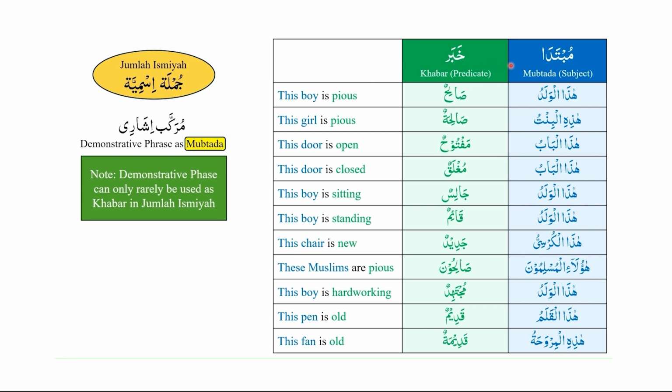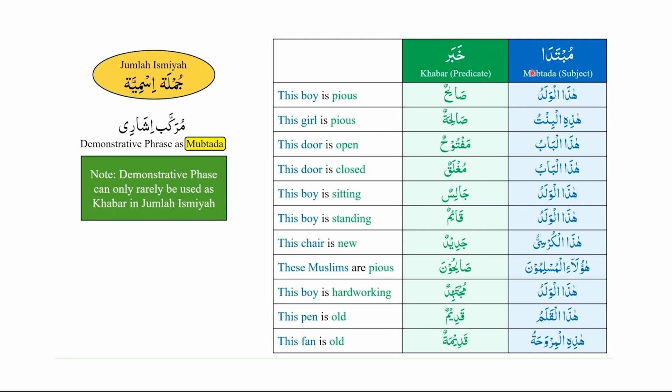So we will study the following table where we have the first column representing mubtada, where we have several examples of murakkab ishari, and the second column represents khabar. Taken together, each row includes the combination of mubtada and khabar, and it will formulate a Jumla Ismiyah.